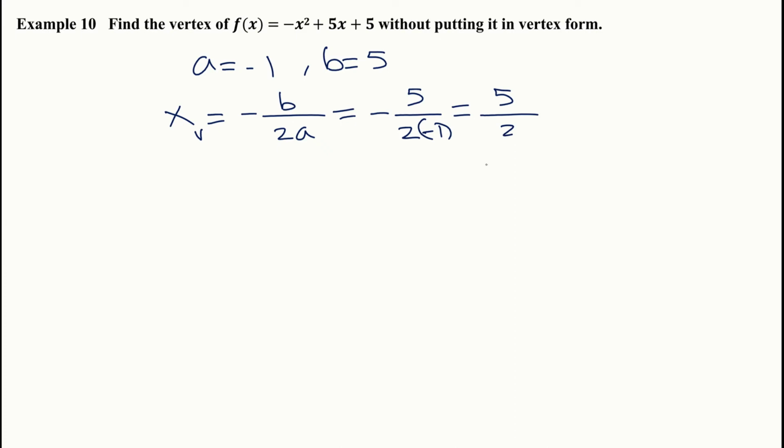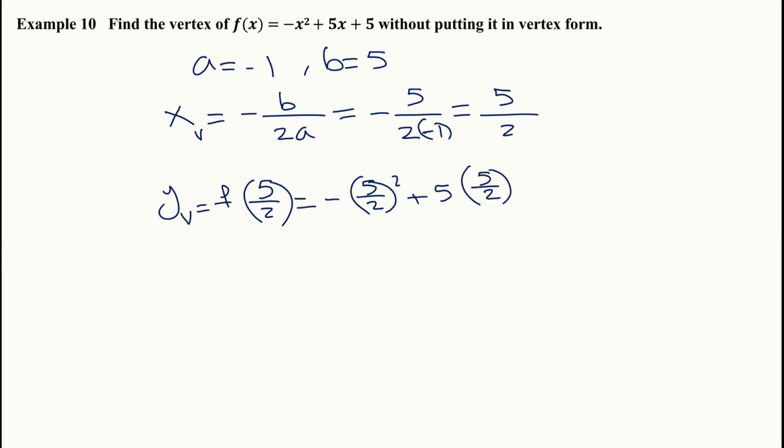So to get the y value of the vertex, that's just going to be f of that x value, right? So I get negative quantity 5/2 squared. I'm just plugging in the 5/2 for x in the original equation, right? Plus 5 times 5/2 plus 5.